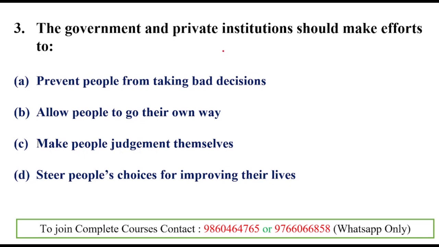Their main aim is to agree according to the people's choice, and that by improving their lives. So anybody, whether it is government or private, should give importance to the people's choice and improve their lives. Okay, so option D is the right answer.